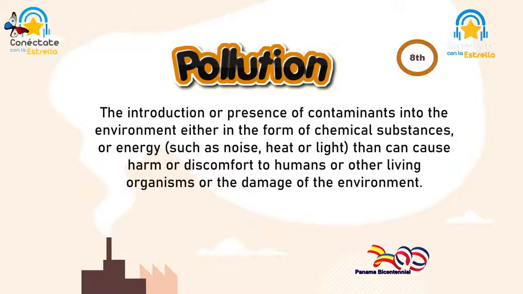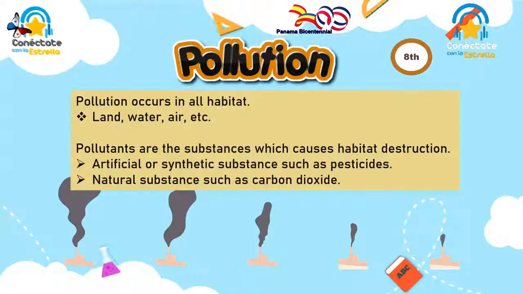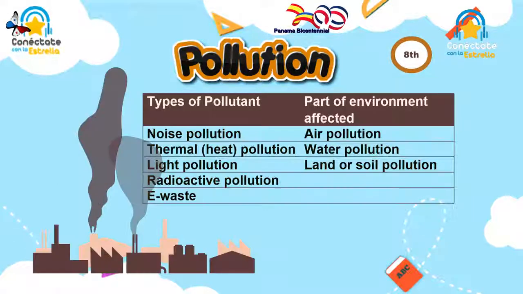For example, noise pollution, thermal, that is like heat, pollution, light pollution, radioactive pollution, and e-waste. Okay. The other category is the part of the environment affected. Ooh. Okay, the air, the water, and the land or soil. So we have air pollution, water pollution, and land or soil pollution.